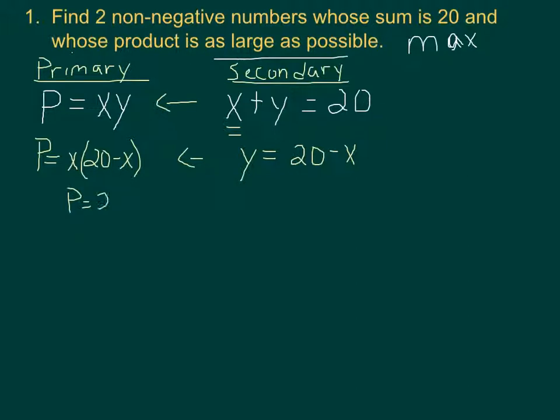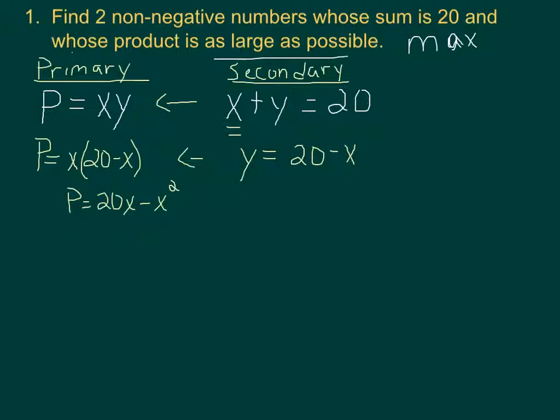So that equals 20x minus x squared. So now I have an equation. Okay, there we go. So now we've got our product equals 20x minus x squared.